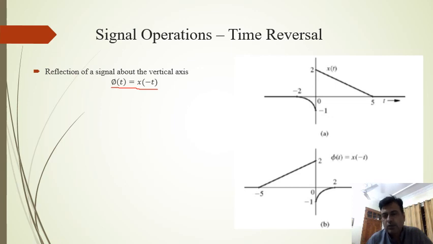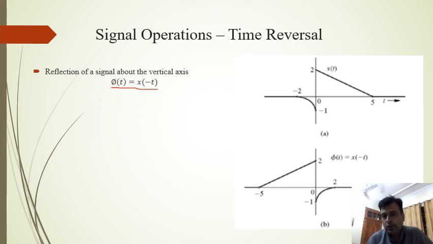So the signal that is currently on the positive side, which is this portion, when you reflect it, this will exist for negative t. Here, this signal used to exist for positive t from 0 to 5, so in the reflected signal it will exist from 0 to -5. And the portion that was non-zero for negative t in the original signal, which was from -2 to 0, will now exist for positive t.